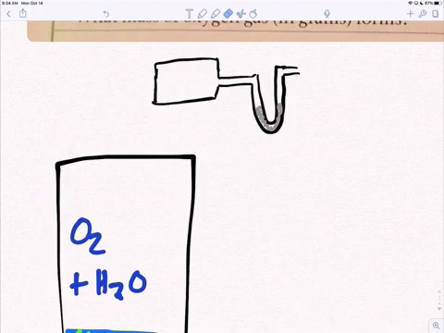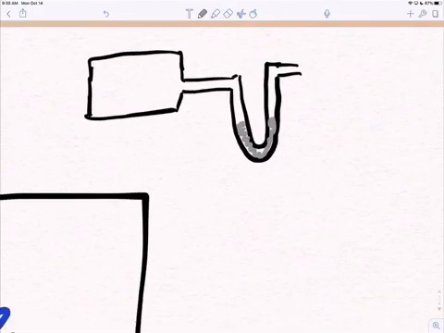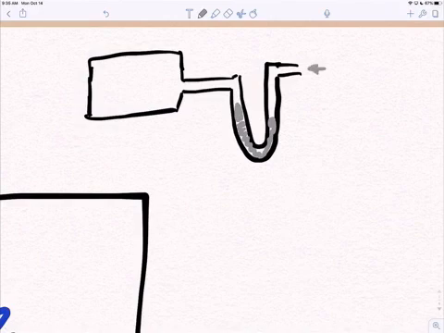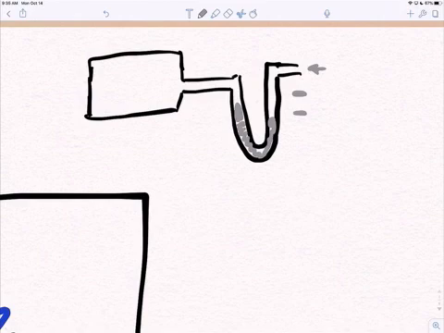Then the mercury is going to be pushed up the tube, and you could take a meter stick and measure the millimeters of mercury from that distance. And that's why we say millimeters of mercury a lot of times.